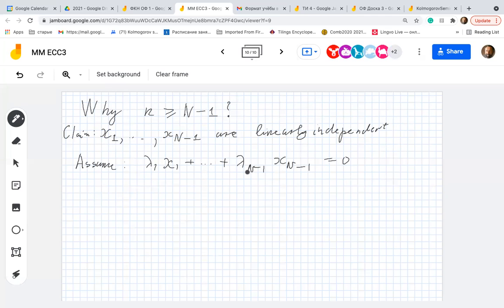First of all, we need to show that in this non-trivial combination, there should be lambdas of different sign. So assume this, and also assume that lambda 1, ..., lambda n-1 are of the same sign. For example, they are all non-negative or non-positive.